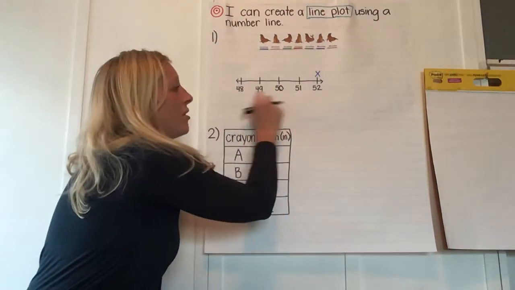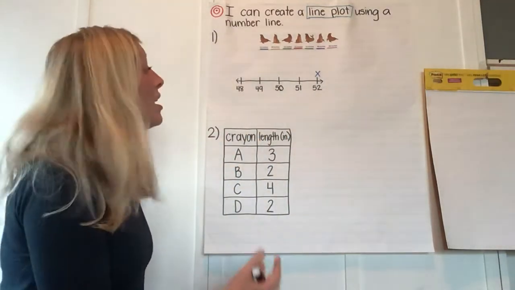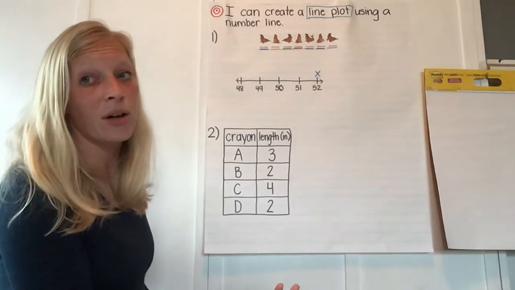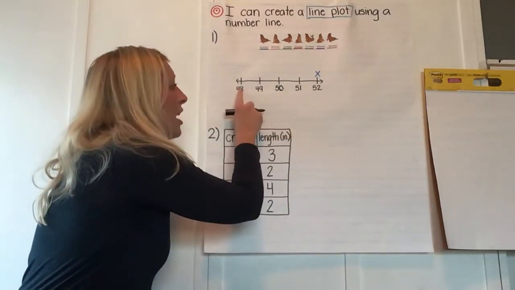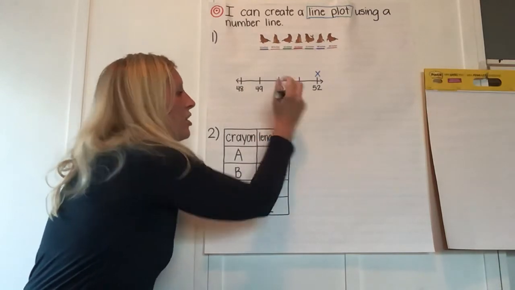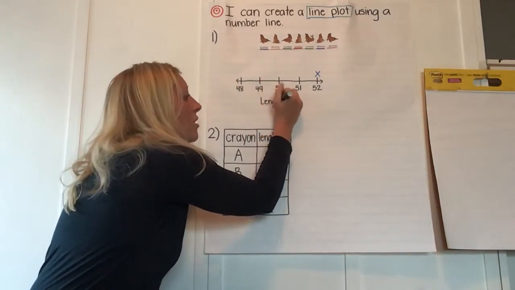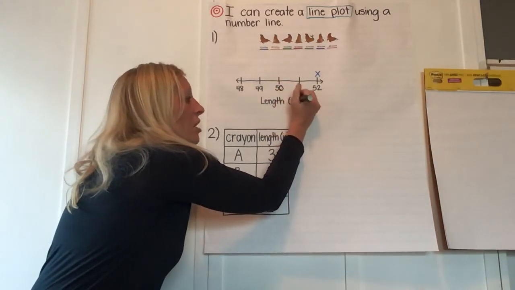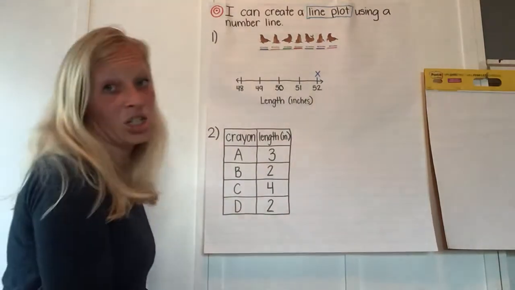These numbers down here, just like on our graph, we have to label the parts of our graph. In this instance, we have to label the parts of our line plot as well. So these numbers down here, the 48, 49, 50, 51, 52, these are representing the length in inches, not in centimeters, in inches. So I'm actually going to label that inches.